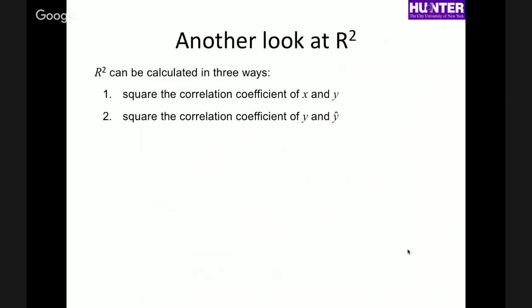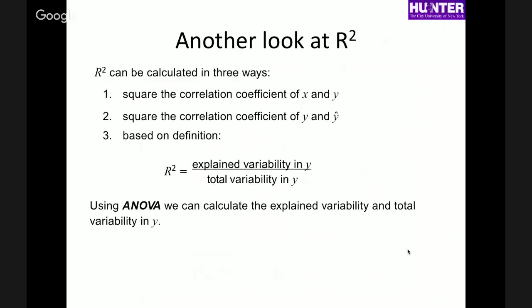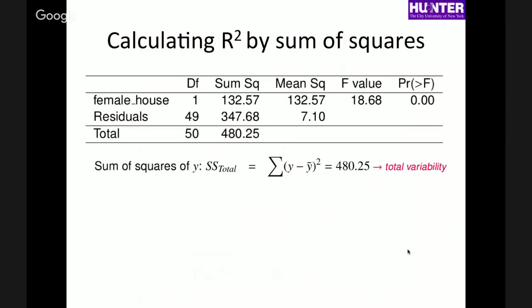That's going to work in a multiple regression. Or based on the definition, that's your explained variability in y divided by your total variability in y. And for that final one, you can get those explained and total variability from an ANOVA table.